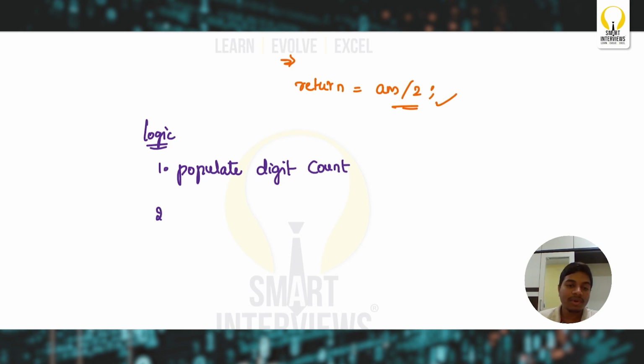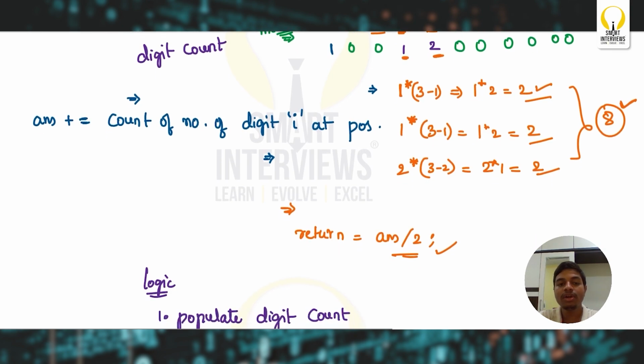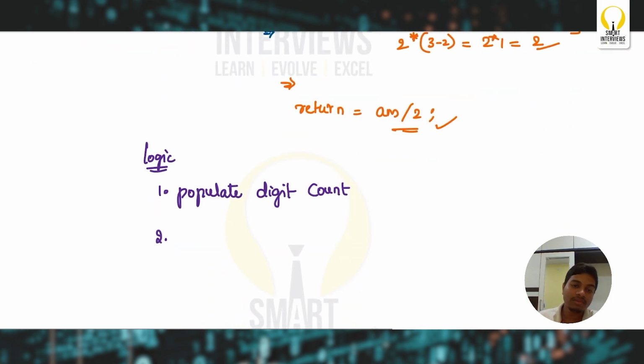And what is the next step after populating digit count? We iterate on this digit count and increment the count based on the number of digits in the particular position multiplied with the number of non digits in that particular position.